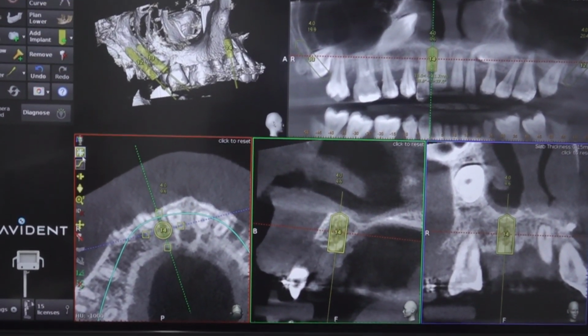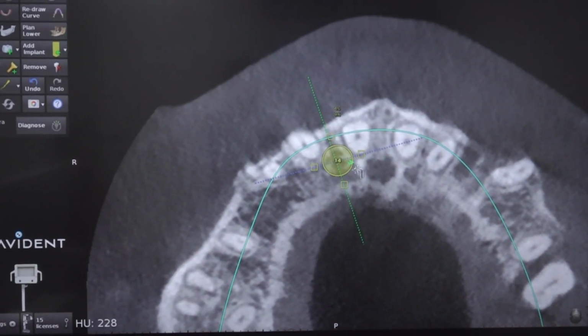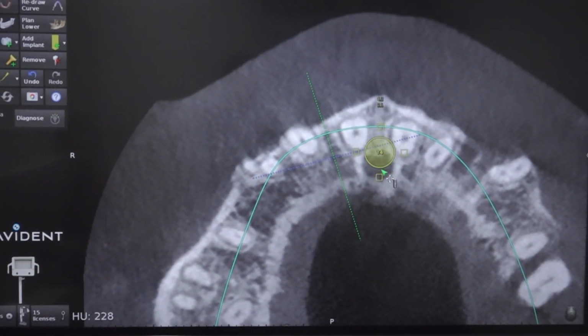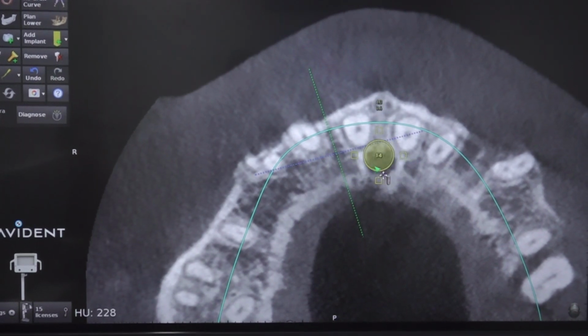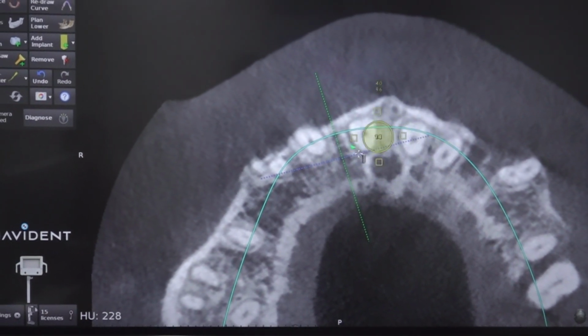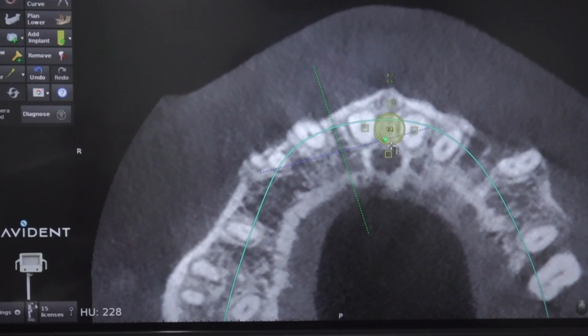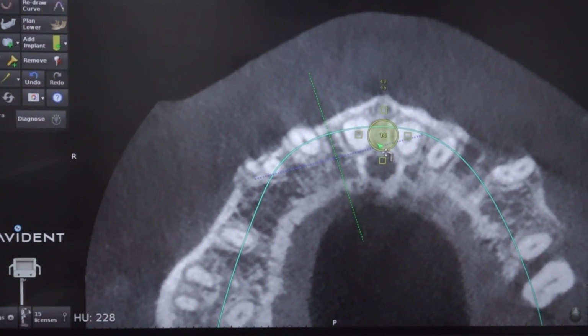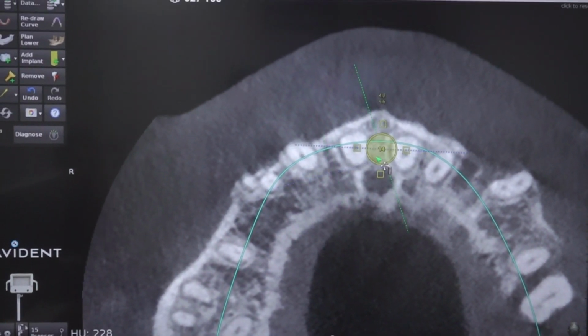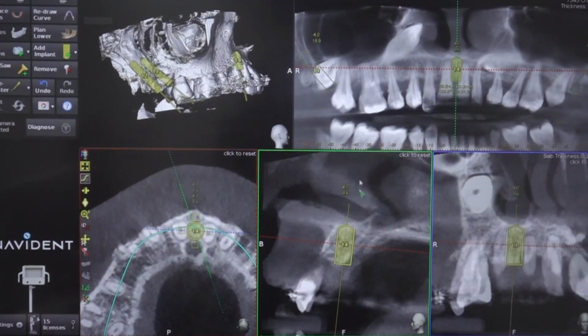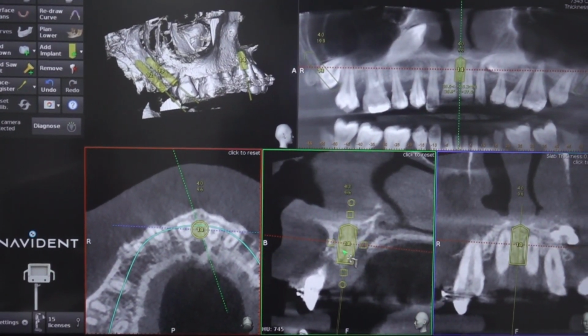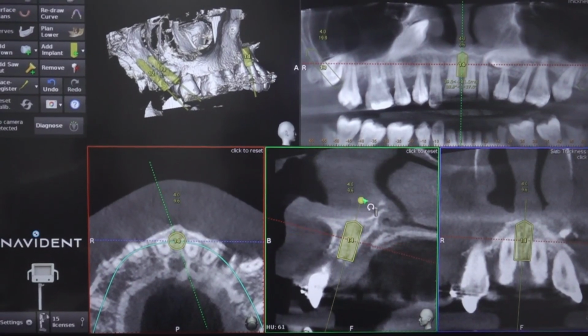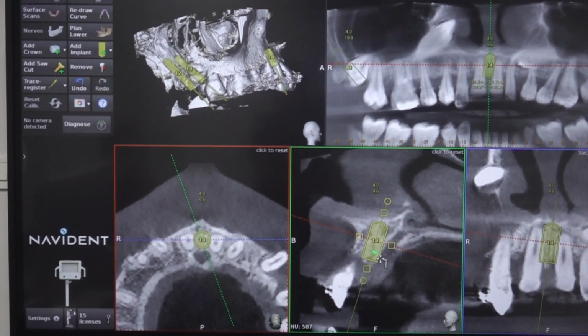We will see whether we can place an anterior implant. That is also tough because the canal is wider and the two teeth are close to each other. Because of ortho, no? We will see. Okay, not very great, somewhat okay.